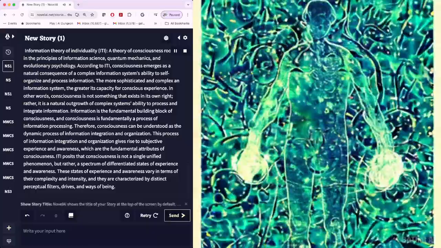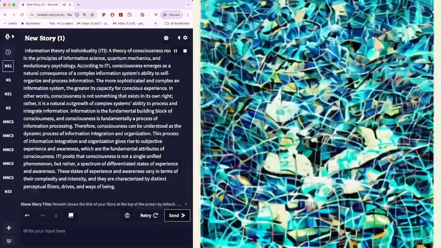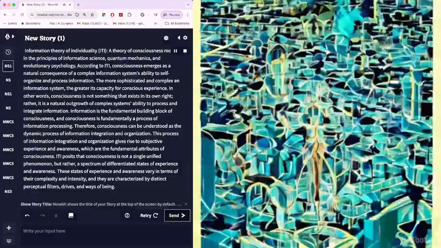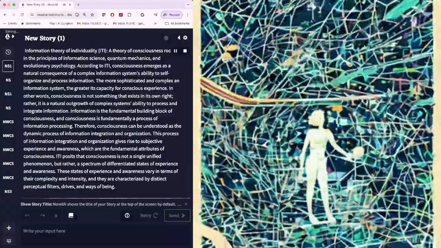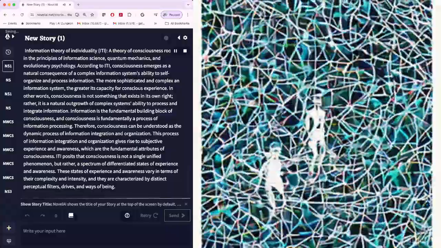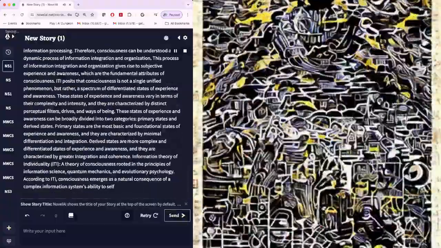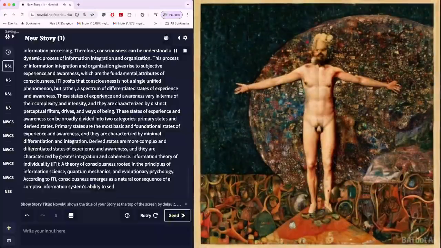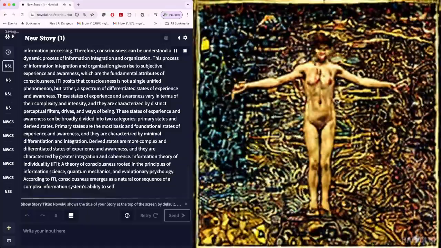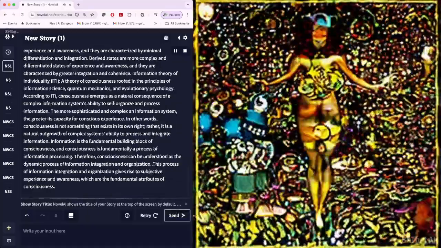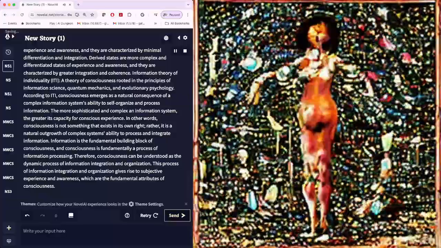This process of information integration and organization gives rise to subjective experience and awareness, which are the fundamental attributes of consciousness. ED posits that consciousness is not a single unified phenomenon, but rather a spectrum of differentiated states of experience and awareness. These states vary in terms of their complexity and intensity, and they are characterized by distinct perceptual filters, drives, and ways of being.